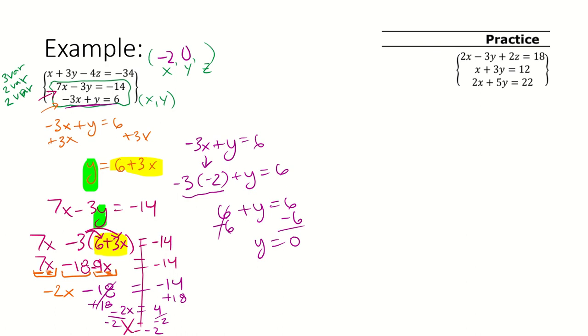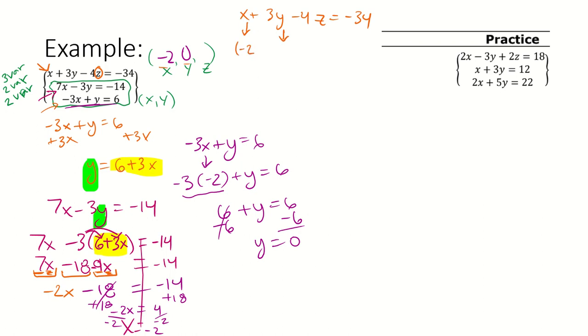And last but not least, we use that x and y to find the z. So we're going to do x plus 3y minus 4z equals negative 34. We're going to substitute the x and the y.